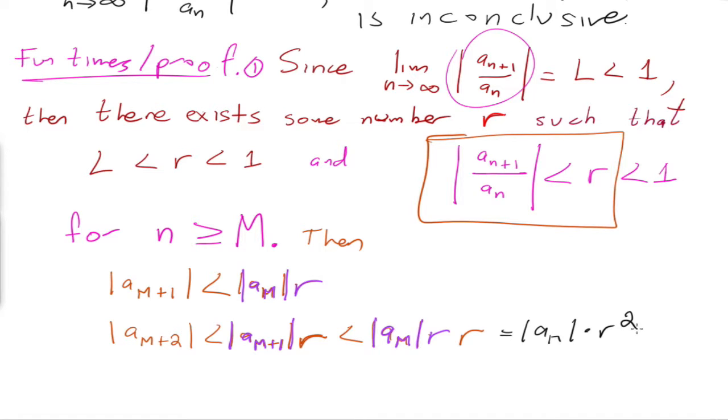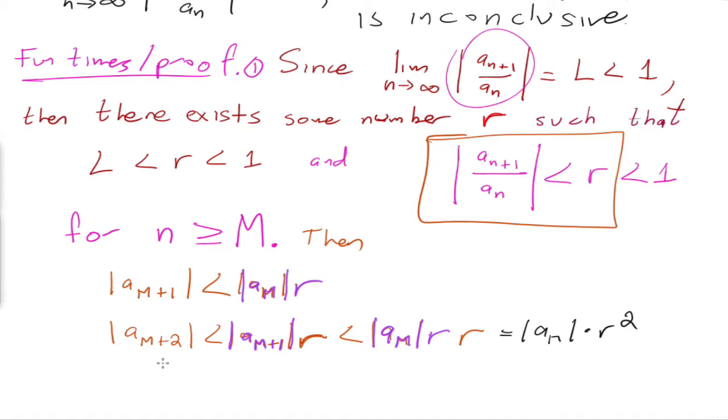So I just substitute: the purple a sub m plus 1, I replace it with the purple a sub m r, and then there's that r that was already there. So a sub m plus 2 is less than a sub m times r squared.